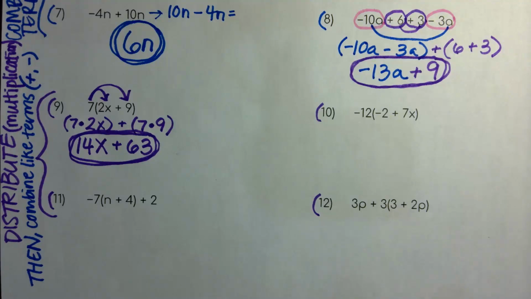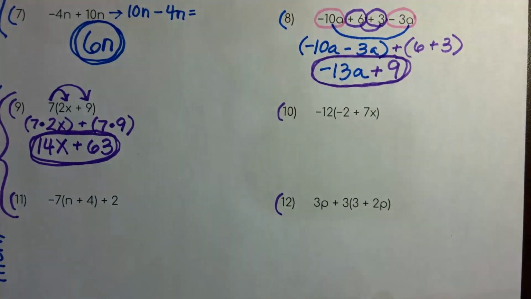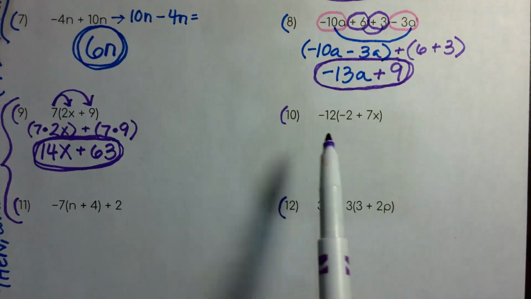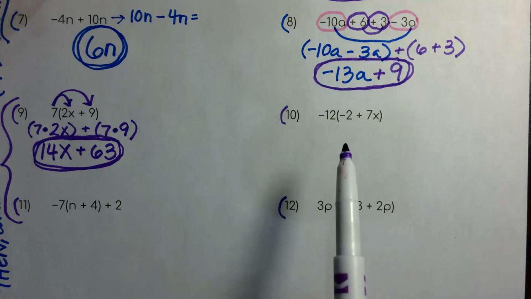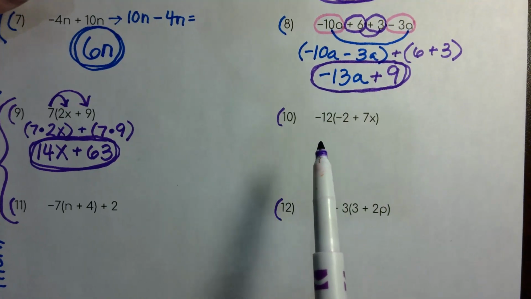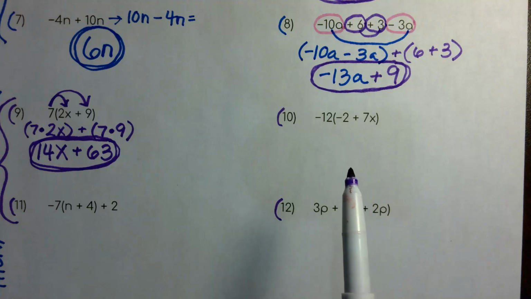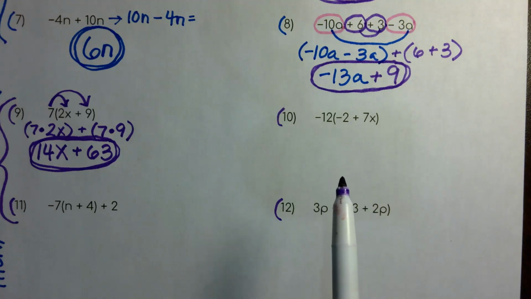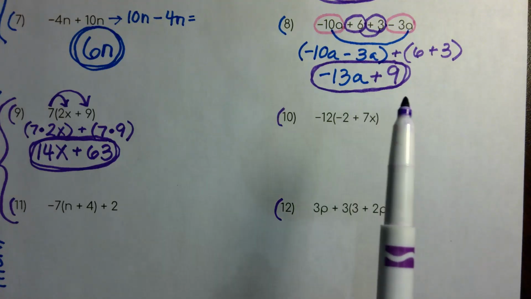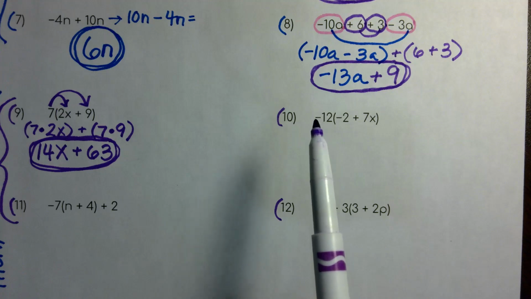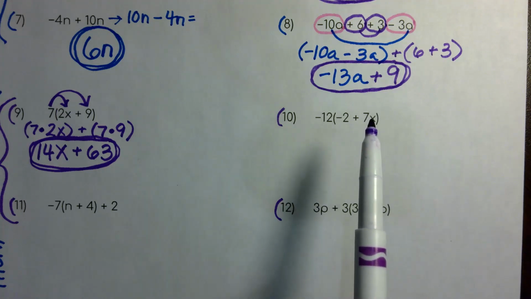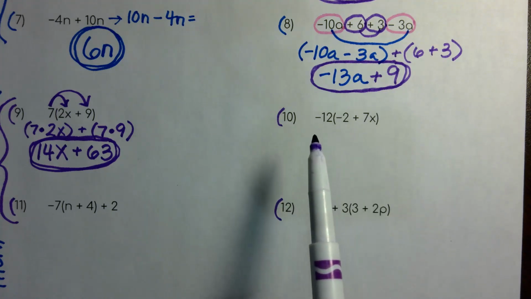We're going to move on to number 10 here in a second. Be very careful with these multiplication problems when we have negative numbers involved. When we multiply 2 negatives, what sign is our answer going to be? Positive. Good. What about when we multiply a negative and a positive? Negative?